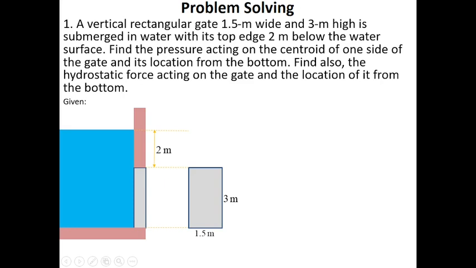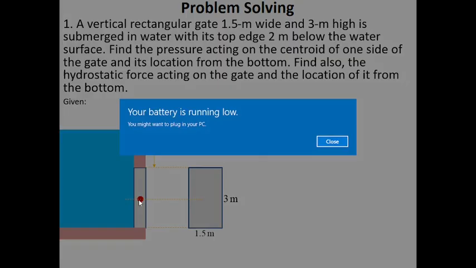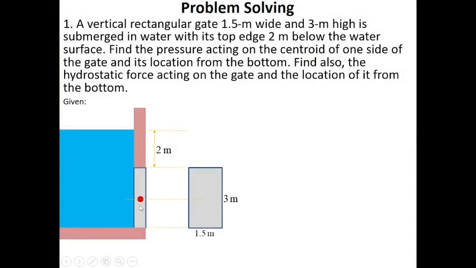So pressure, ito, the pressure acting on the centroid. Ito yung one side of the gate, yung right side view ng gate, diba? So find the pressure acting on the centroid of one side of the gate and its location from the bottom. So mula dito, we have the centroid.